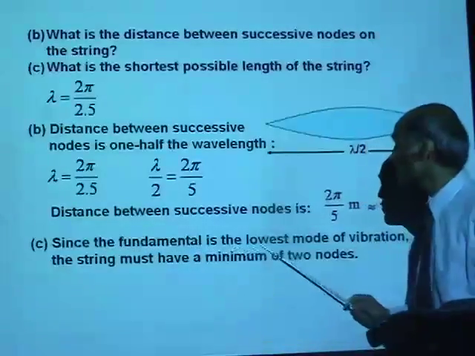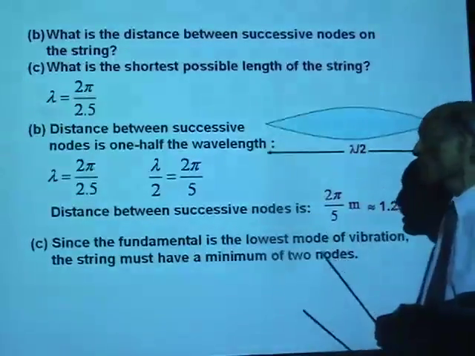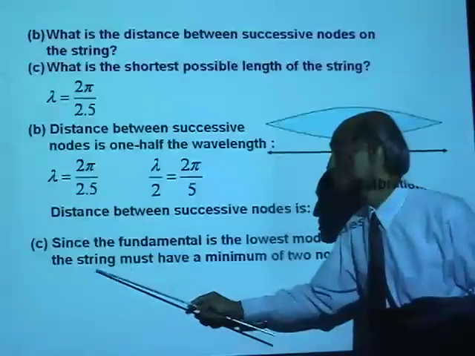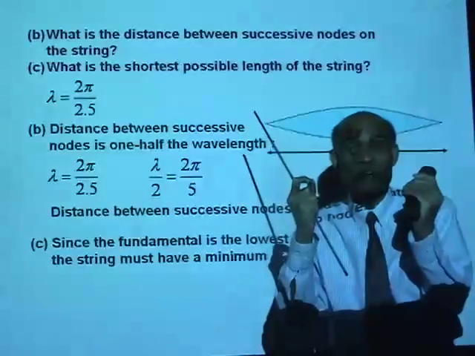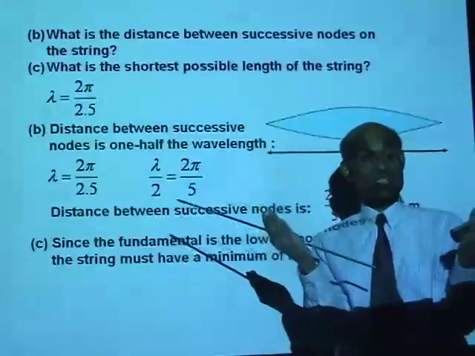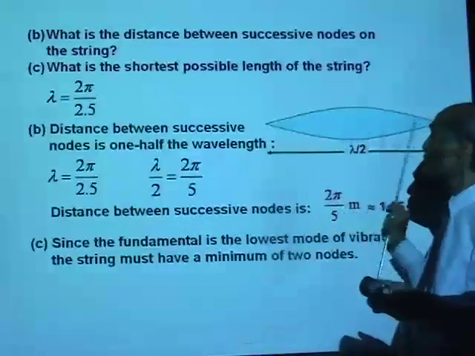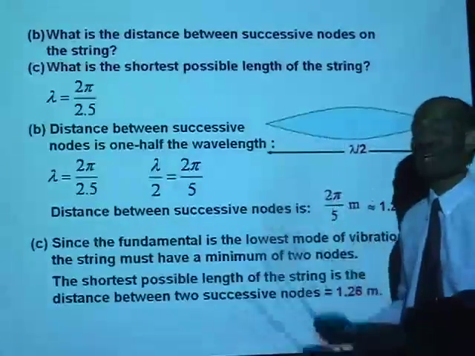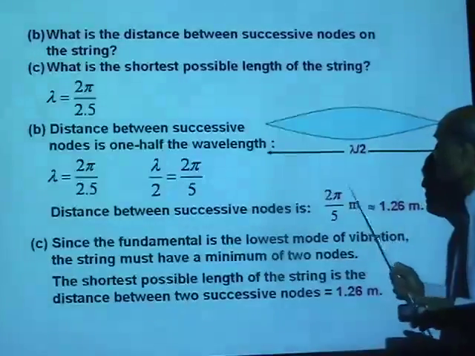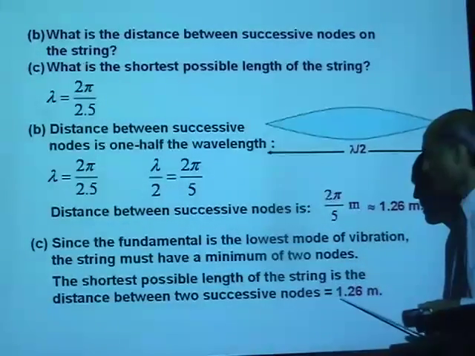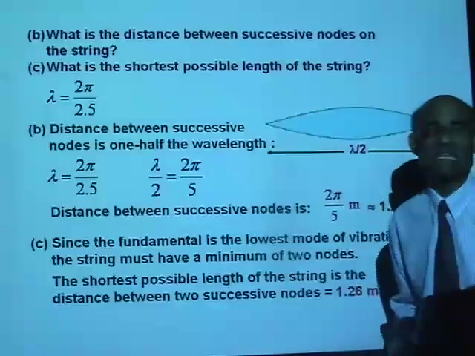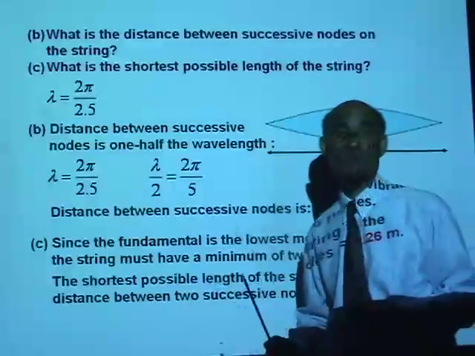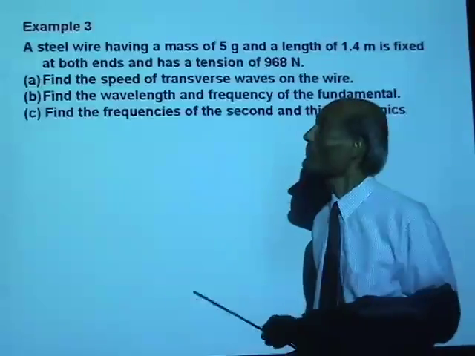Since the fundamental is the lowest mode of vibration, the string must have a minimum of 2 nodes when it vibrates. It cannot have anything less than that. So this is the shortest possible length of the string, which is 2 pi divided by 5, that is 1.26 meter. Okay, let's do another one.